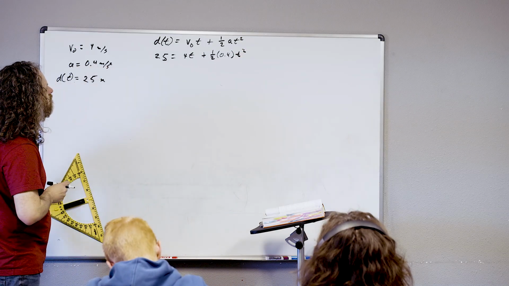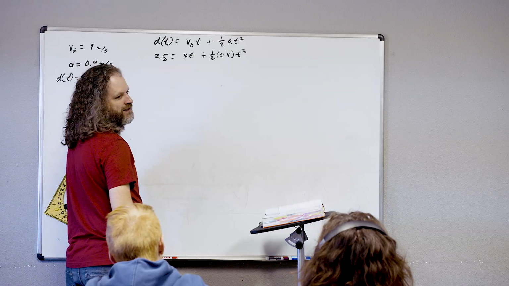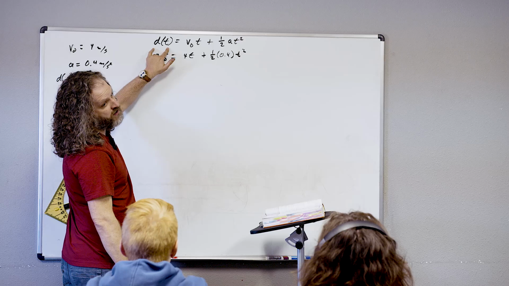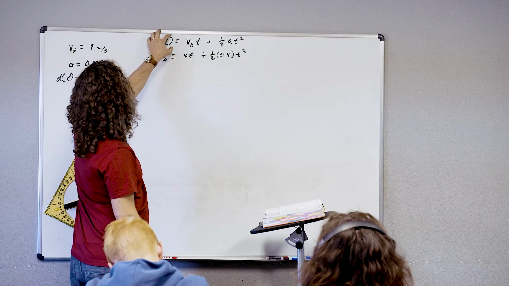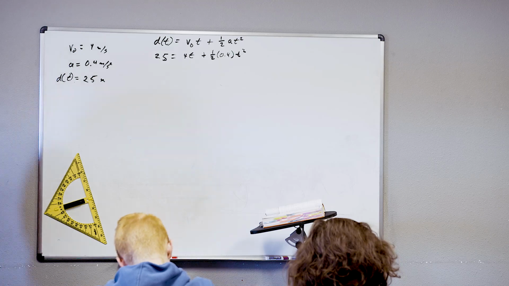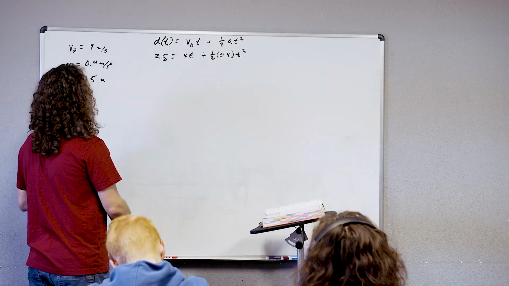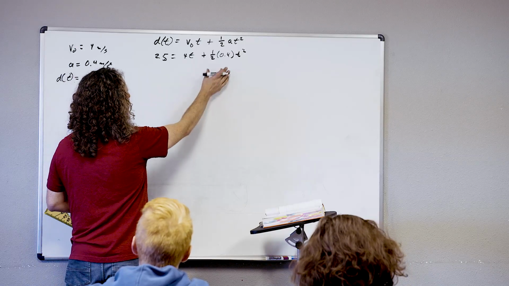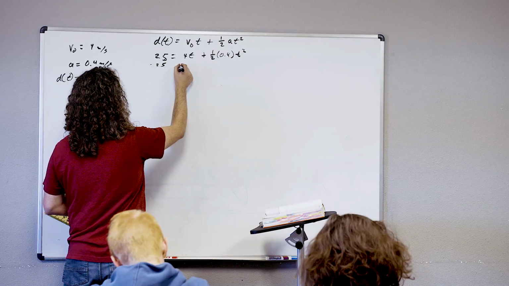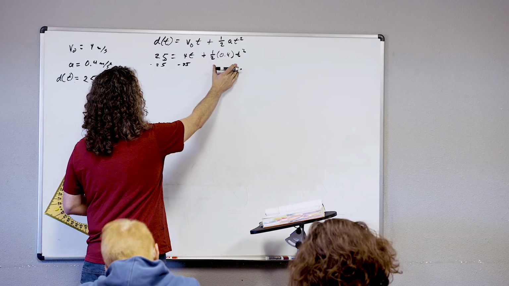Did I forget the t on the left? I did not forget it. It just is ugly. This is not d times t. This is function notation, so it's d of t. So this whole thing is d of t. Let's start cleaning some stuff up. We move this over and subtract 25 on both sides, and I'm also going to write this in descending order.